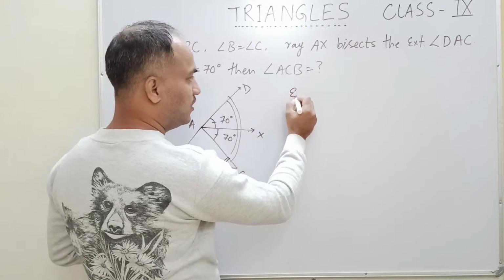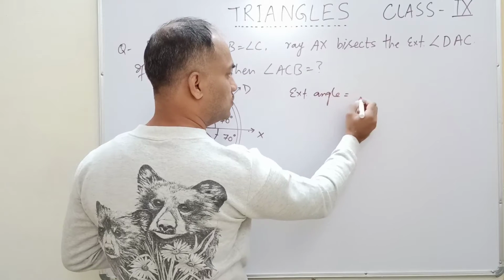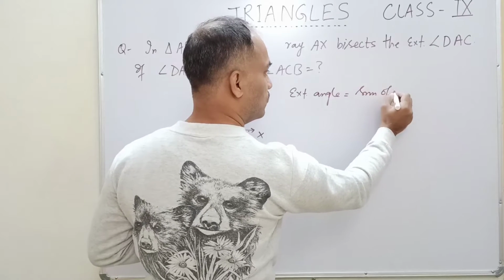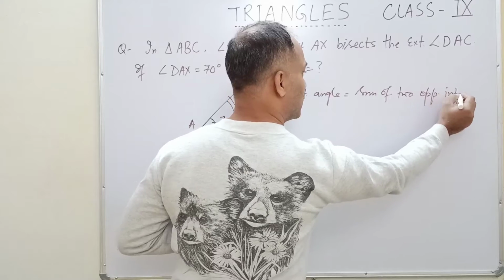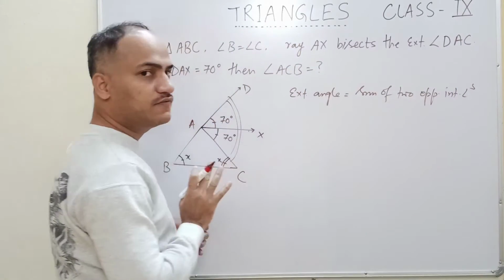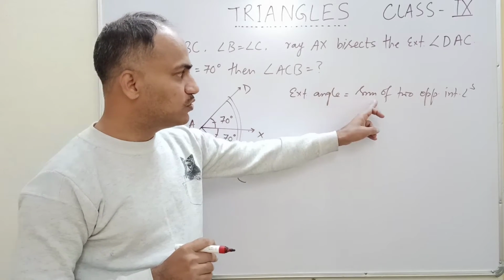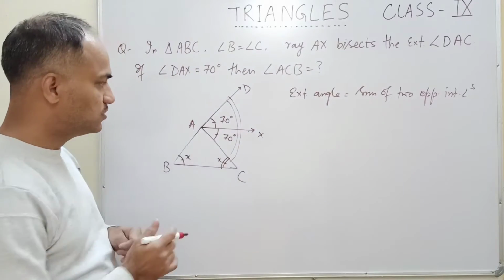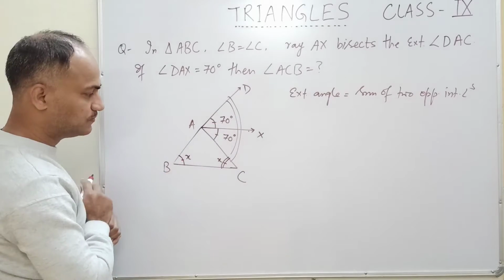So exterior angle is equal to the sum of two opposite interior angles. This is one property we know. Any exterior angle of a triangle is equal to the sum of two opposite interior angles. So this exterior angle will be equal to the sum of these two interior angles.